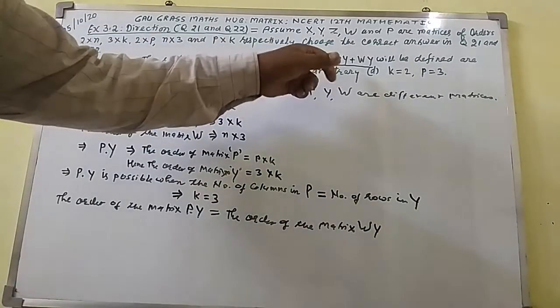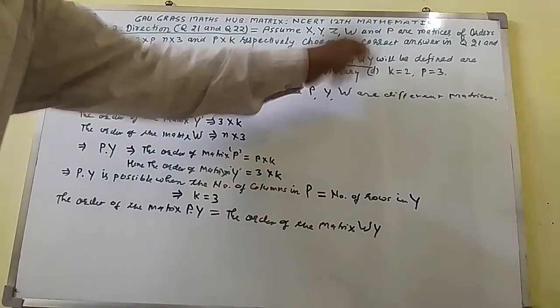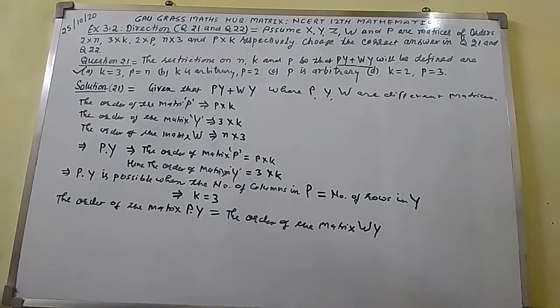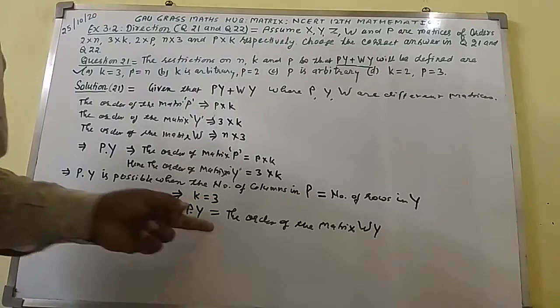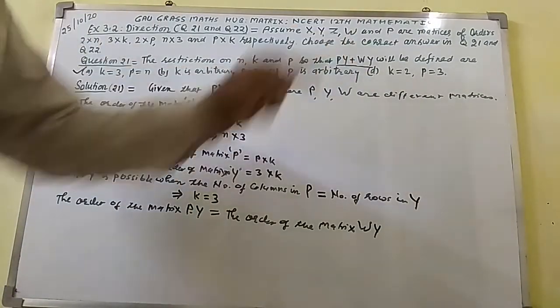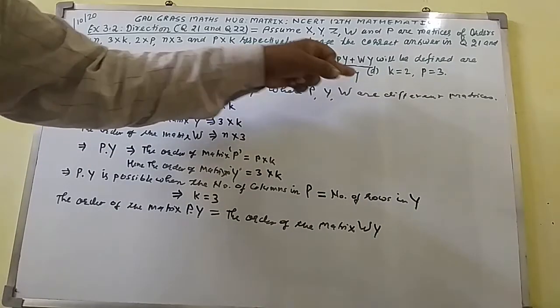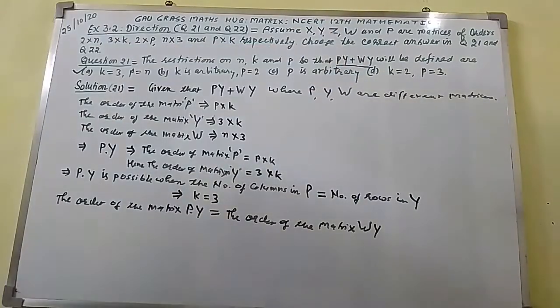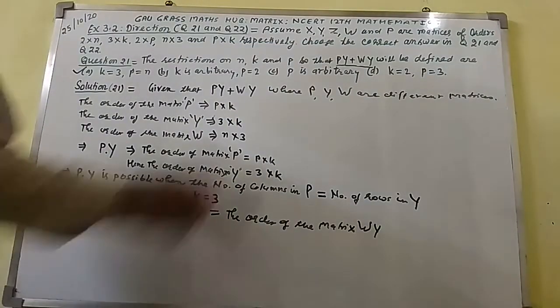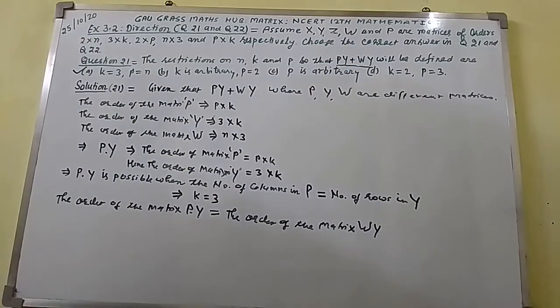Here you can see the order of the matrix PY equal to order of the matrix WY will be possible. Both will be equal. Why? Because here the plus sign is there. Two matrices PY and WY will be added together when the order of both matrices is the same.